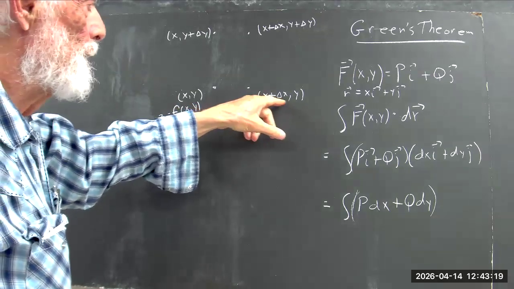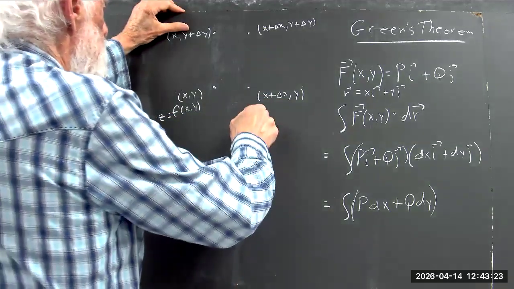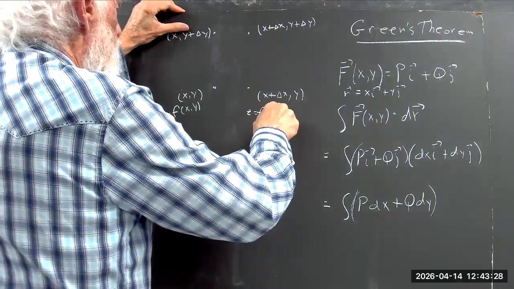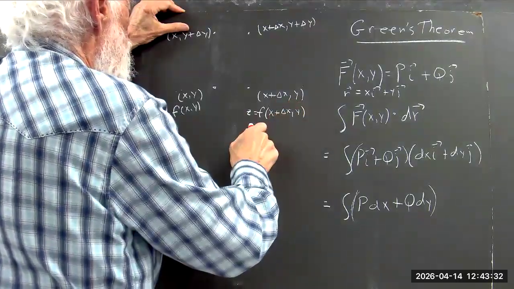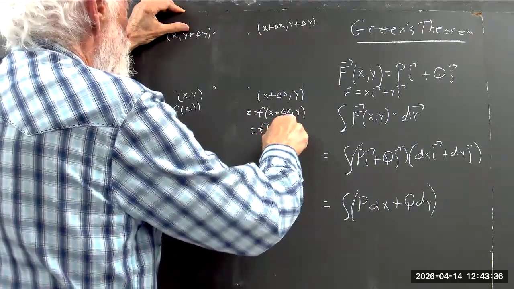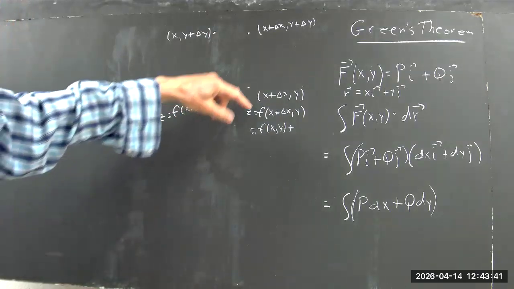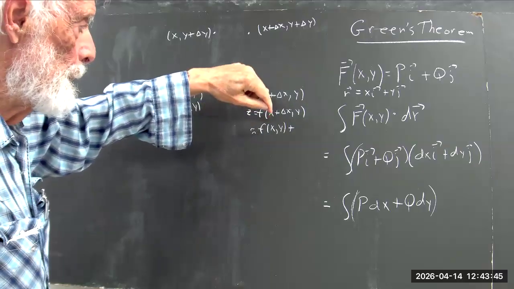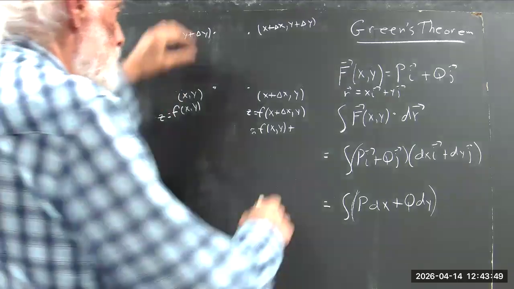Then at the point (x plus delta x, y), z equals f of x plus delta x, y, which is approximately equal to f of x, y plus what?